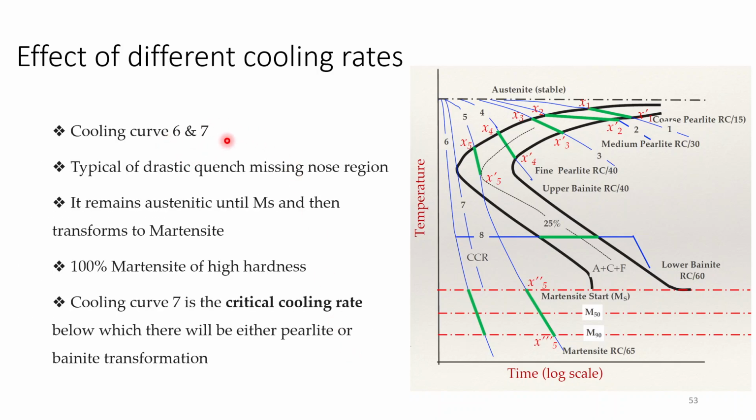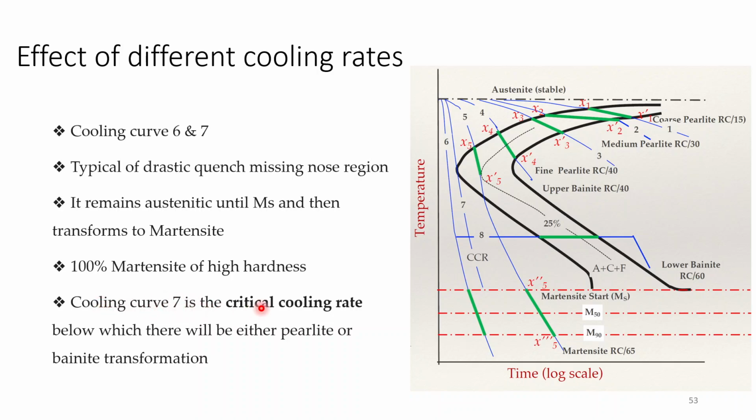Next is cooling curve 6 and 7. Okay, so 6 and 7 both will be having martensite formed. So it is typical of drastic quench which misses the nose region. It remains austenitic until Ms, here up to here, and then transforms to martensite. 100% martensite of high hardness will be forming.